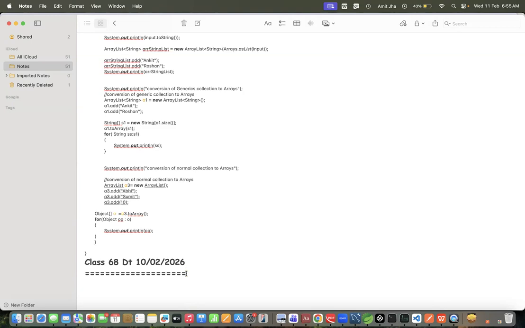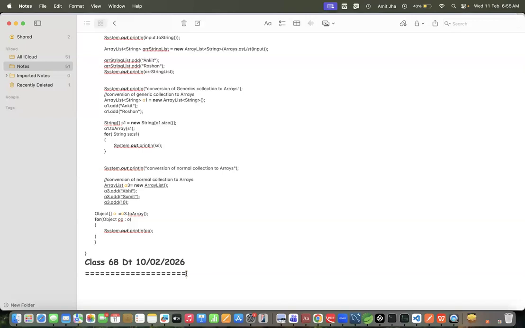Also I discussed how to convert a string array to array list, how to convert generic collection to array, and how to convert normal collection to array. These three things I have discussed end to end. I hope you do not have any single confusion. Even if you have any confusion, let me know. I will try to make you understand. Yes or no?